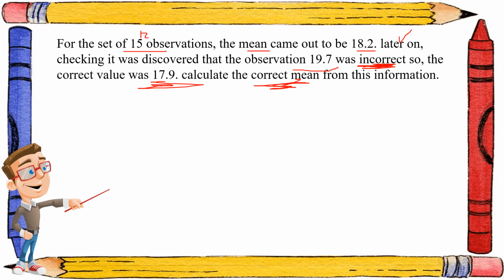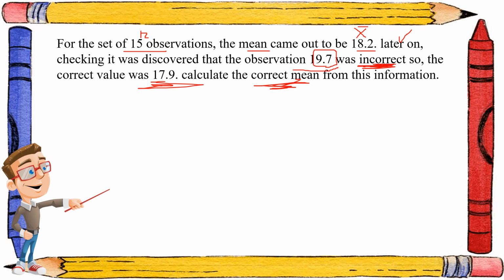The mean came out to be 18.2, that means this is the mean, which we symbolically write as x bar. Later on, it was discovered that the observation 19.7 was incorrect. The correct value was this, so calculate the correct mean from this information.